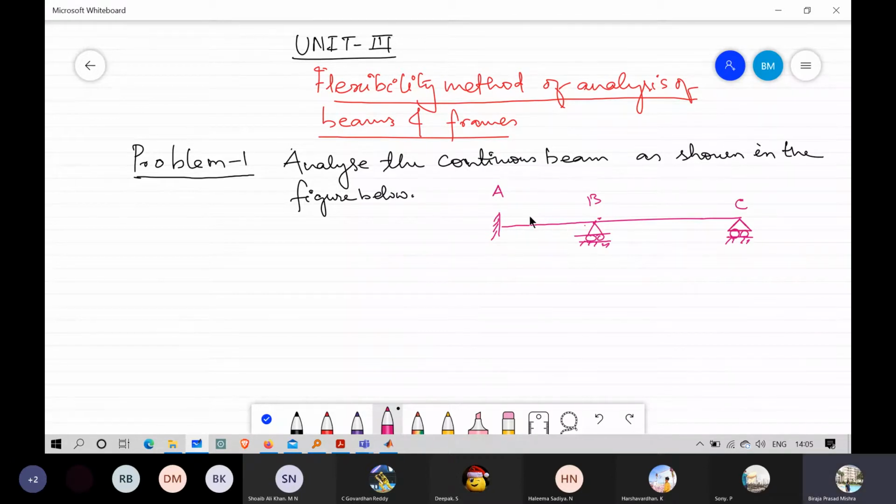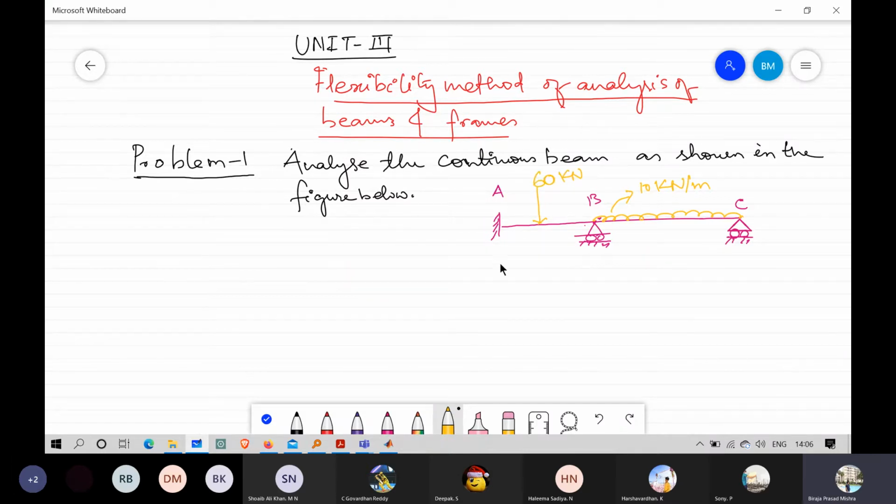And we have a UDL over here, and the intensity of the UDL is 10 kilonewton per meter, and we have a concentrated load having magnitude 60 kilonewton.